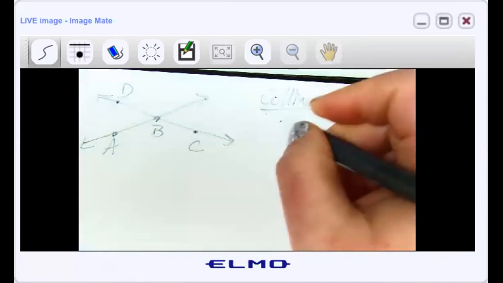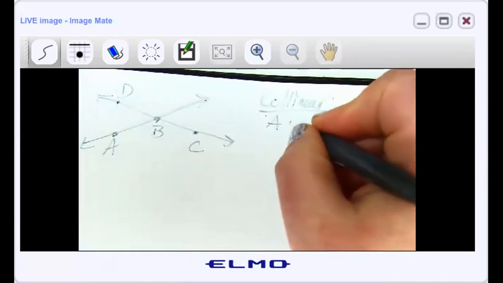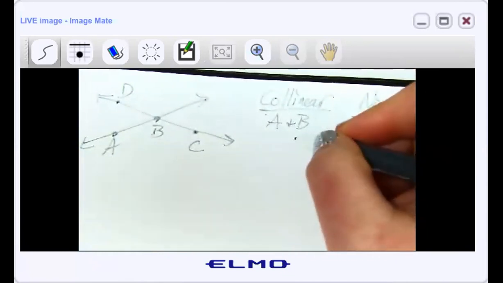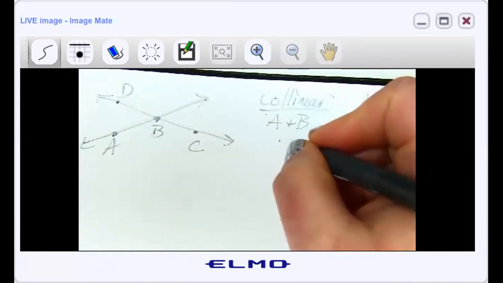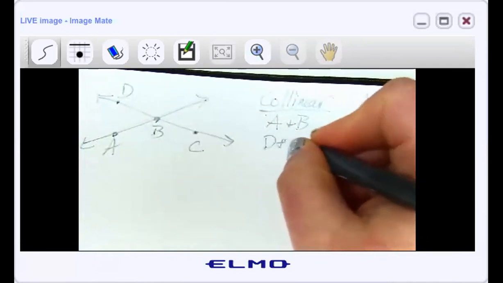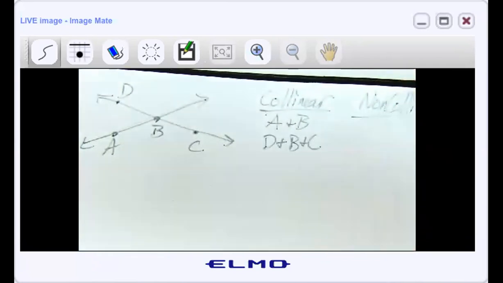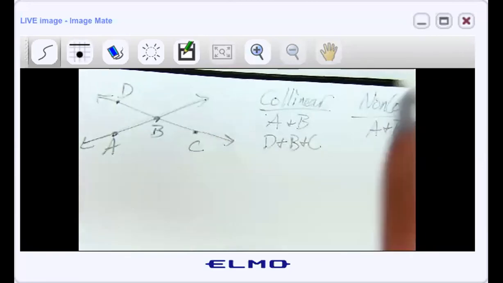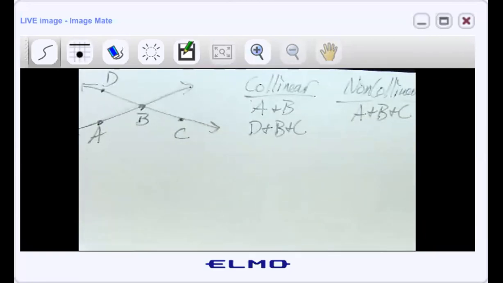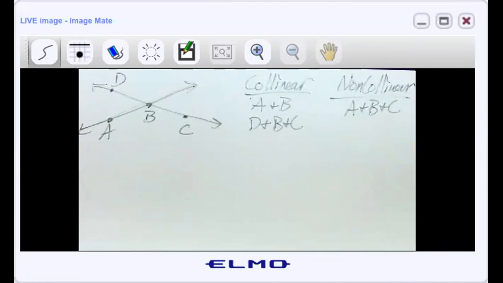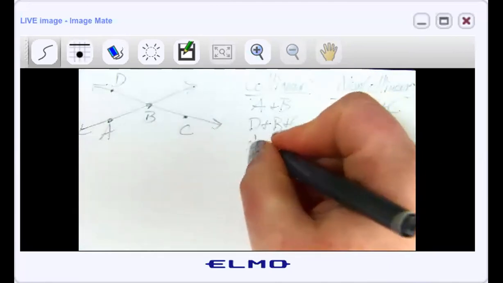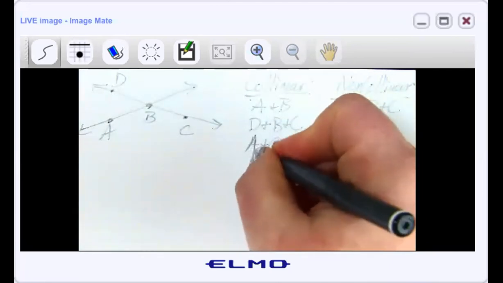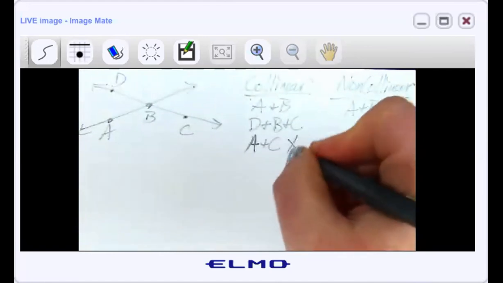So we had said collinear A and B were. We said D, B, and C were. Non-collinear, we said A, B, and C. And now I'm claiming that A and C are. So I'm going to add a big star here and explain this.